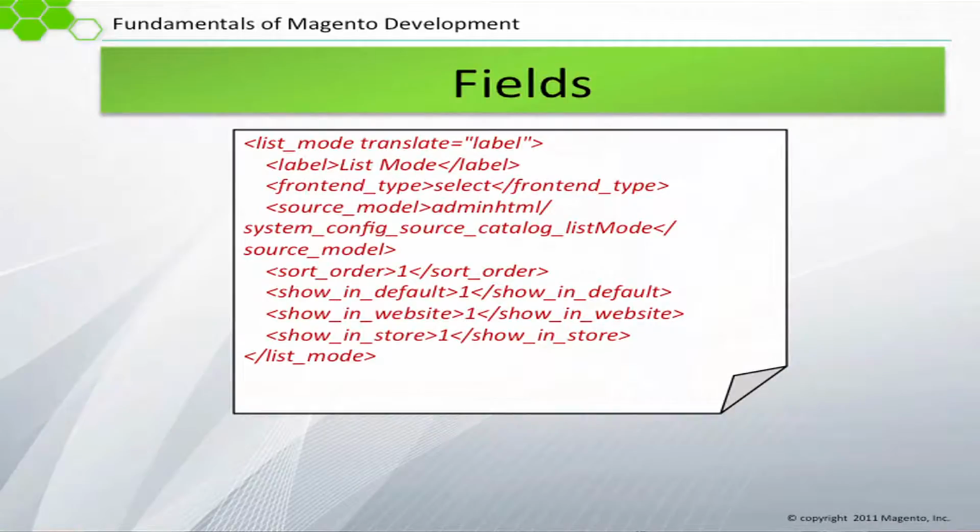So, what does all this do? Well, this sets up our system configuration page, and this provides the fields that we can then save. And the values that are saved here consider the scope and are saved in core config data. So that's the full connection there.